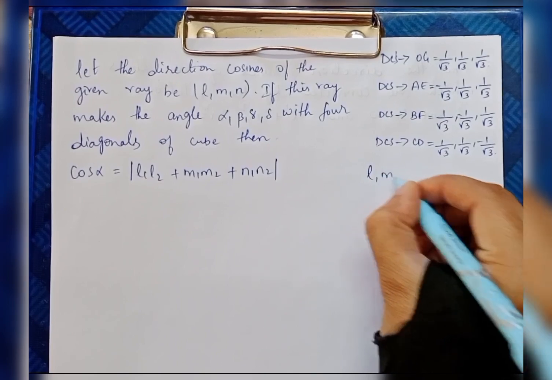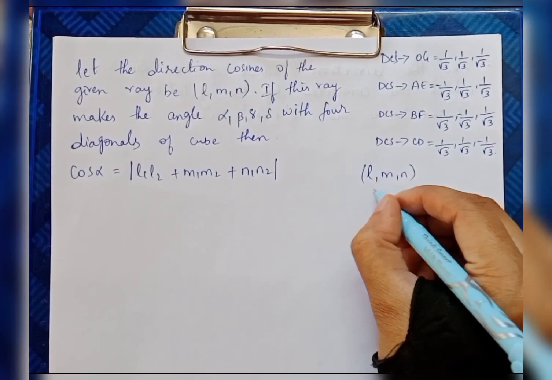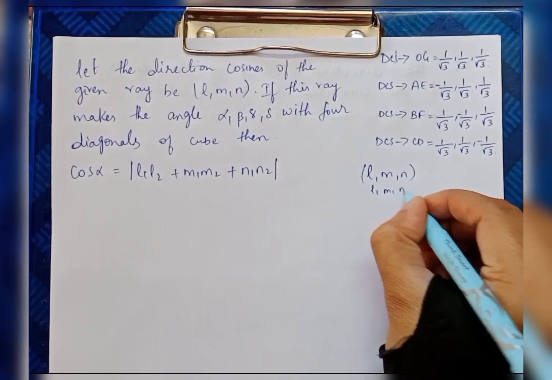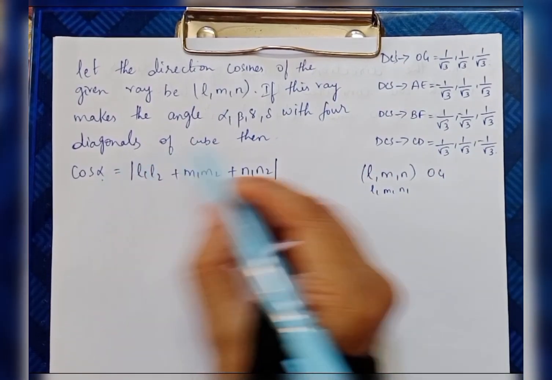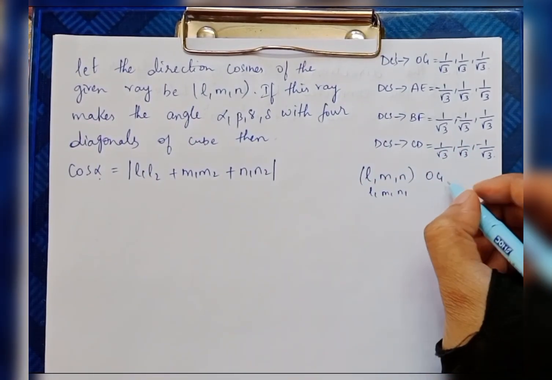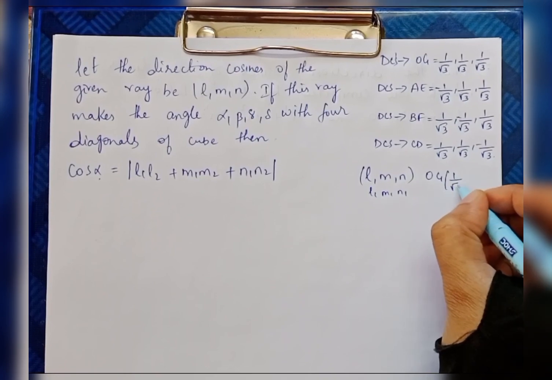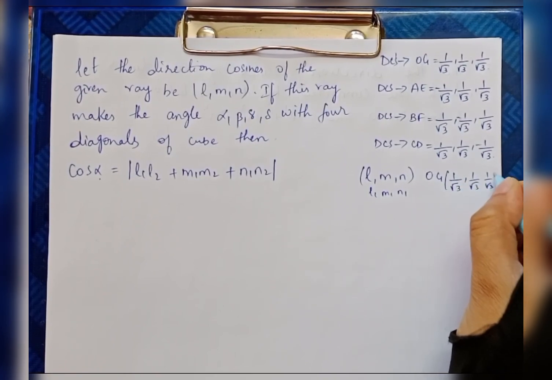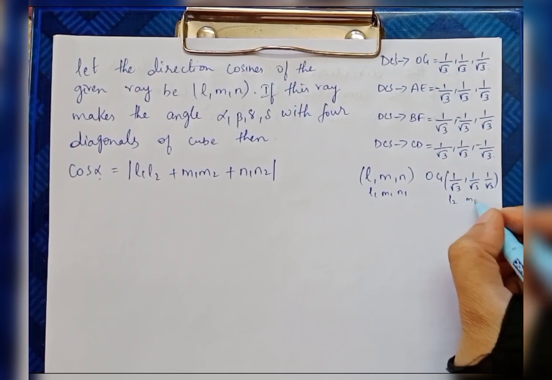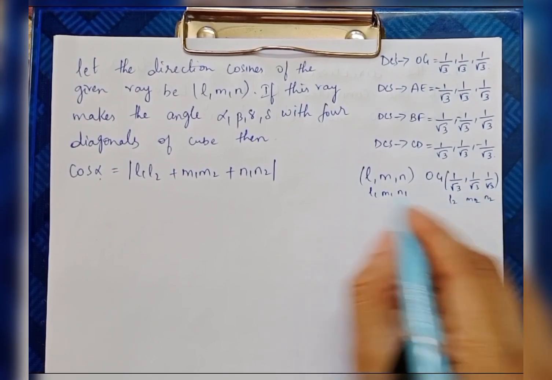l, m and n are the values of l1, m1, n1 and OG. Alpha makes the angle with the diagonal OG. So OG values are 1 by √3, 1 by √3 and 1 by √3. So this will be l2, m2, n2.